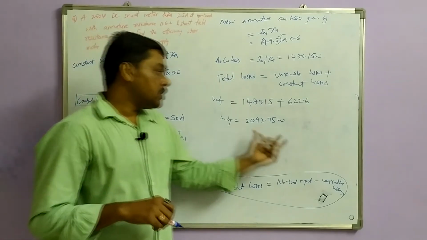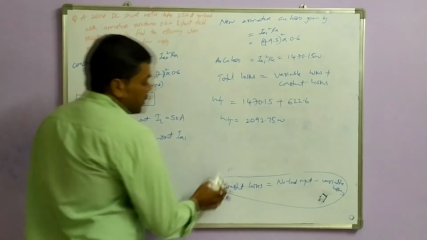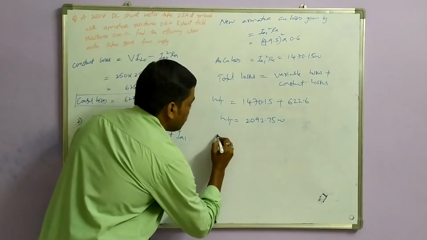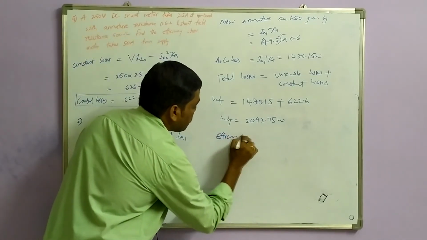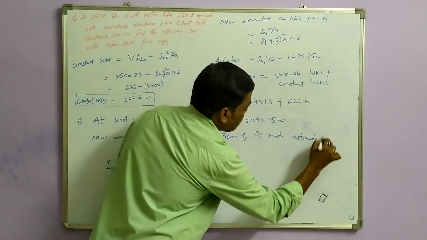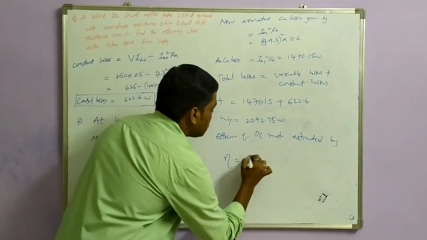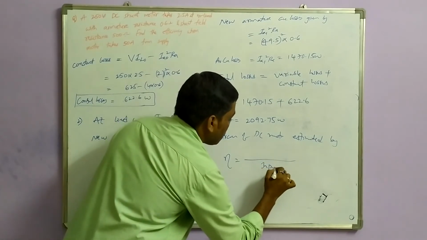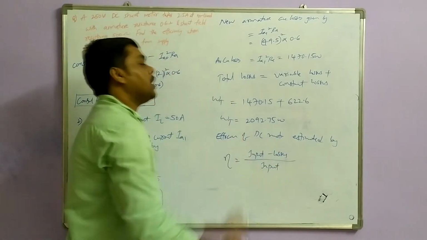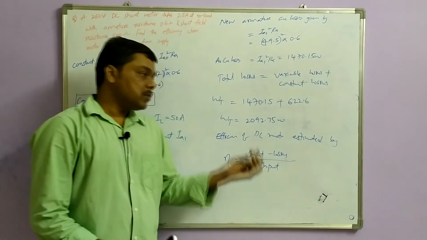Now to calculate the efficiency in DC motors, we use a formula different from generators. So the efficiency of a DC motor is estimated by, since we know the input, efficiency is equal to input minus losses divided by input. Why? DC motor input is electrical input, so we come from the input side.